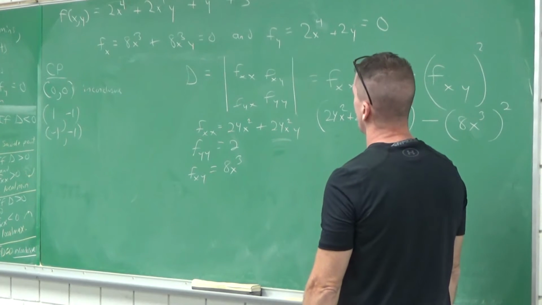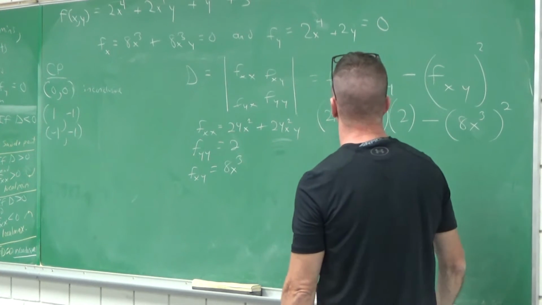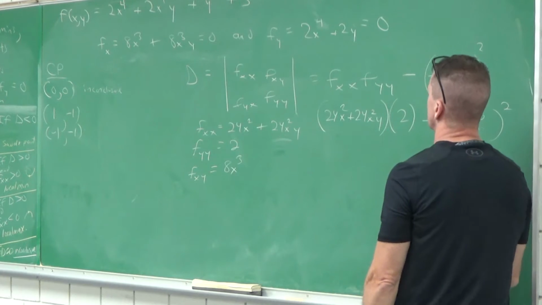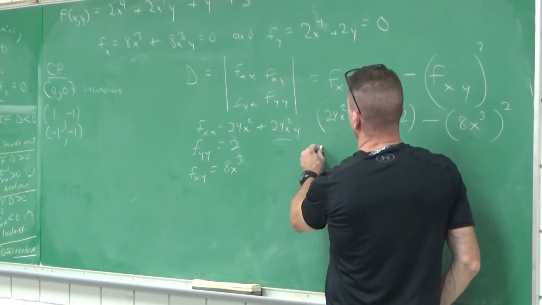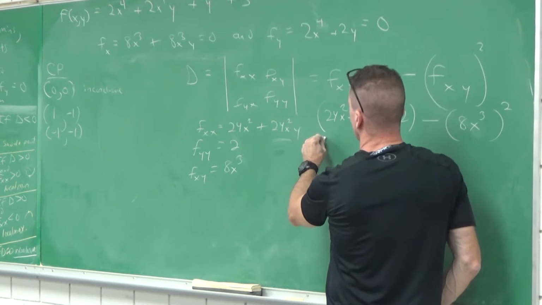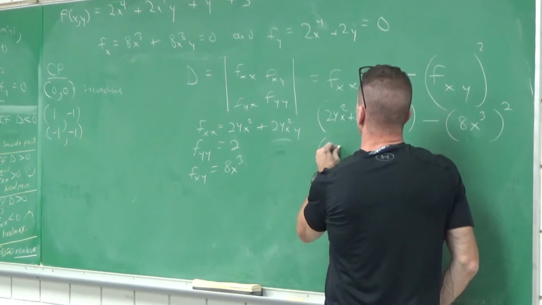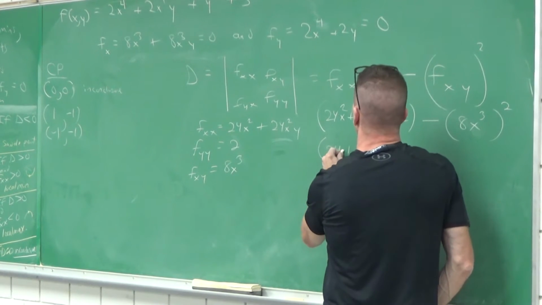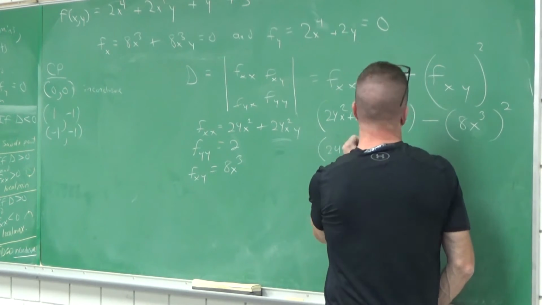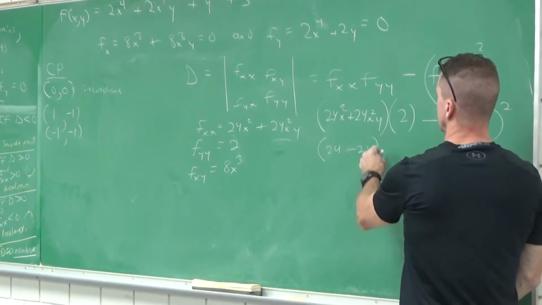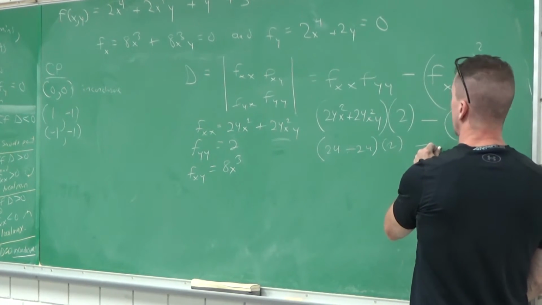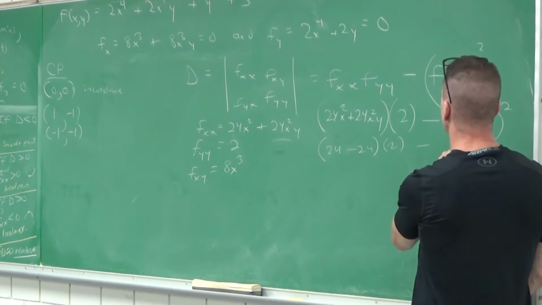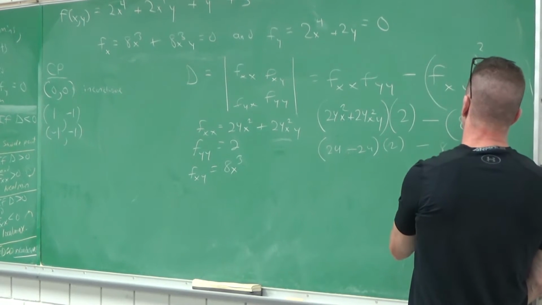How about 1, negative 1? What's going on at 1, negative 1? I get 24 minus 24. That's turning to 0. What ends over here? Minus 8, you plug in a 1, and you square it.